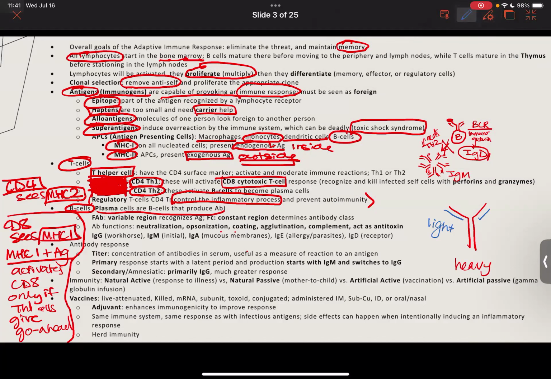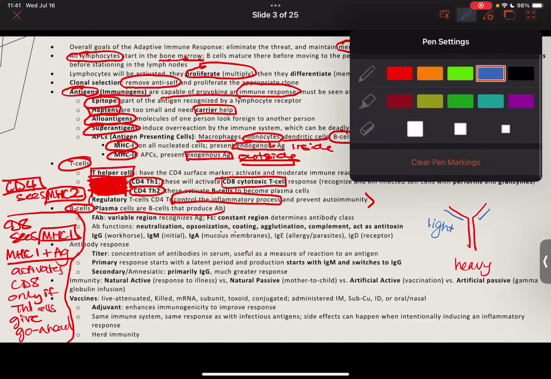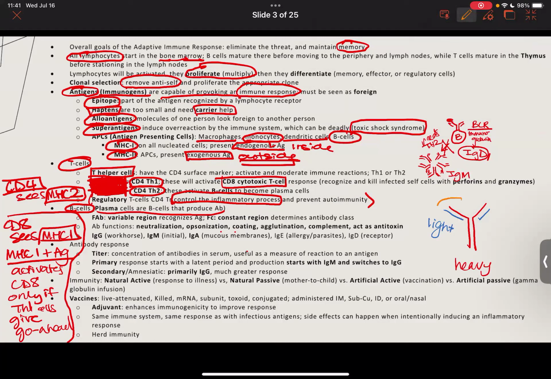Let me get another color here going. This part here interacts with the antigen, right here at the very tips. That's the part that interacts with the antigens. That's where the most variability is going to be.